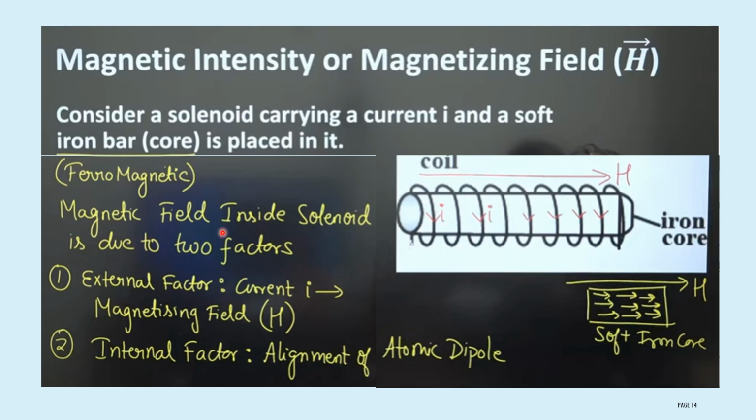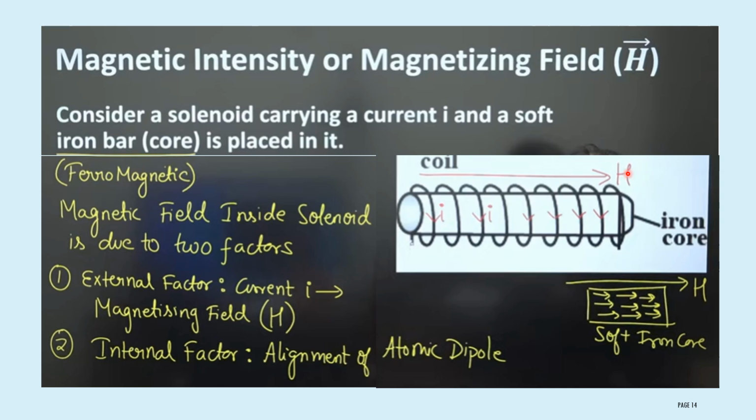Then the magnetic field inside the solenoid is due to two factors. One is an external factor, another is an internal factor. External factor means, as I explained, when current flows inside the solenoid, it will produce a magnetizing field H. Internal factor, how it gets magnetized: iron, as I told, behaves as a ferromagnetic material.